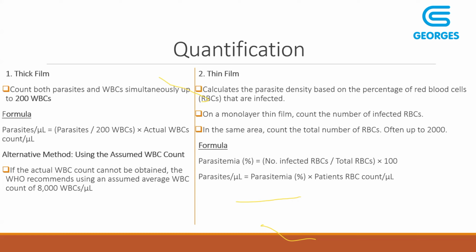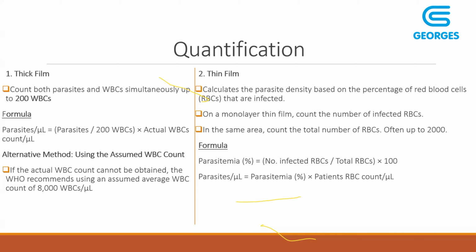This is if you have the actual number of WBCs from a CBC report. Or the alternative method is by using the assumed WBC count, and this method is WHO approved. This is where you count the number of parasites against 200 RBCs, and then you multiply by 8,000 WBCs to get the number of parasites per microliter of blood.